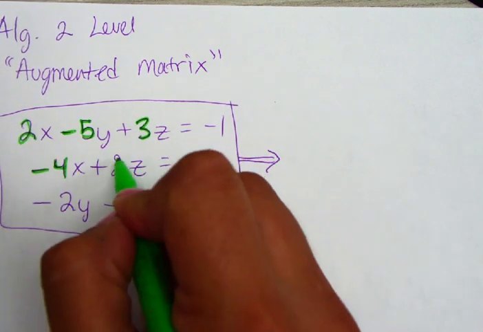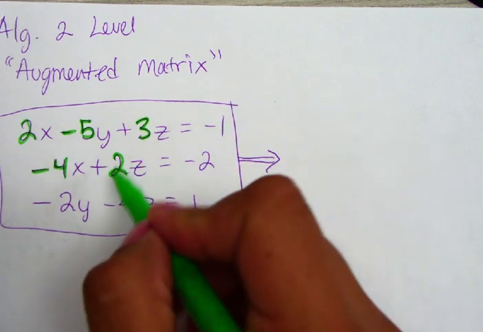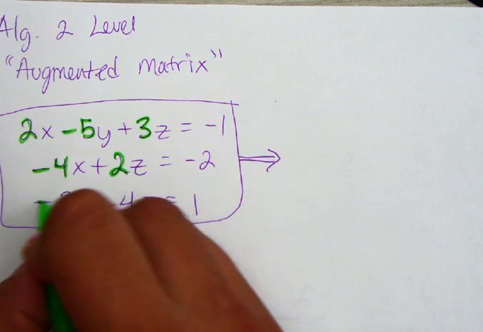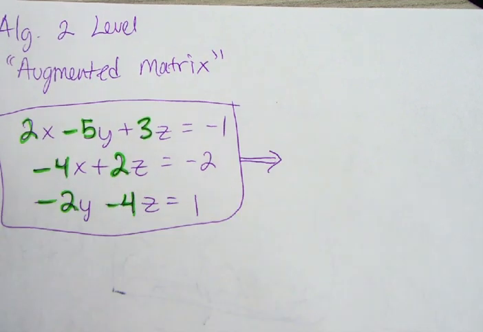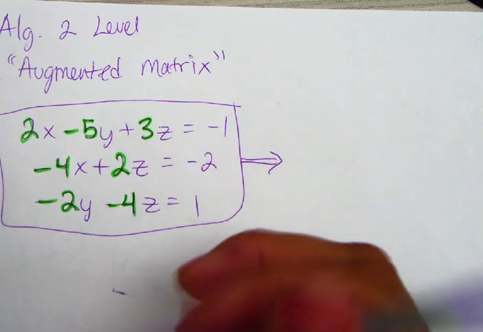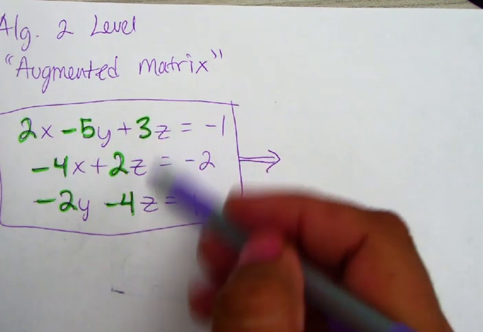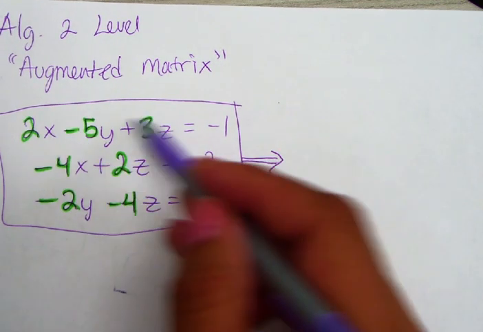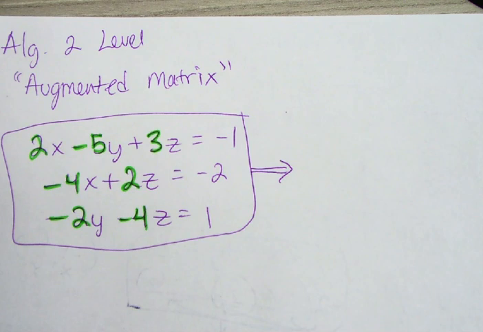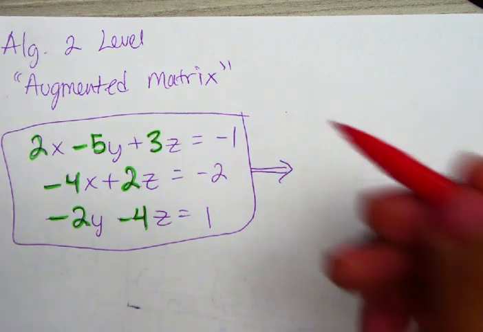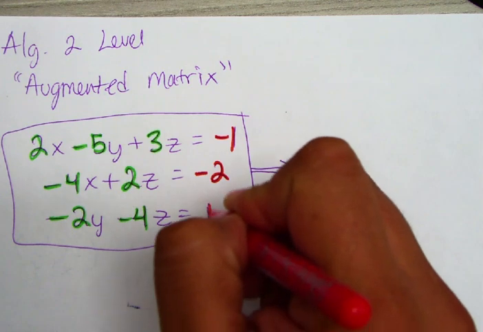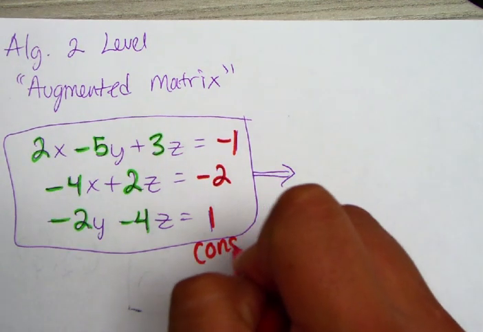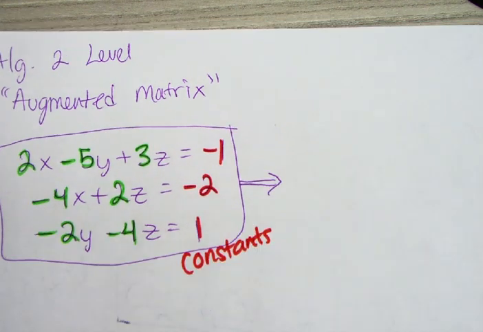So what I'm highlighting in green, or in this bold color, are the coefficients. Notice I didn't put any of the letters or pluses, because when there's a number by itself, we assume that it is positive. We are also going to need to write the constants. So let me write those vocabulary words, constants and coefficients.